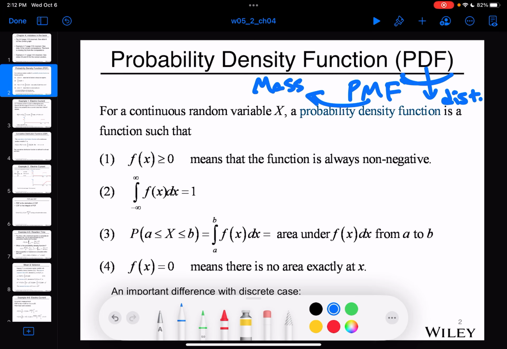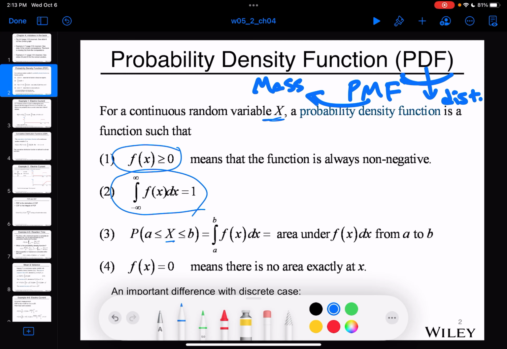The only difference is that our x here is a continuous random variable. That's the only difference. There's no other difference with the previous chapter. X is something that takes continuous values, right? So again, we have some restrictions over f of x. For example, f of x is always positive. The integral of f of x is 1. That means that all probabilities add up to 1.